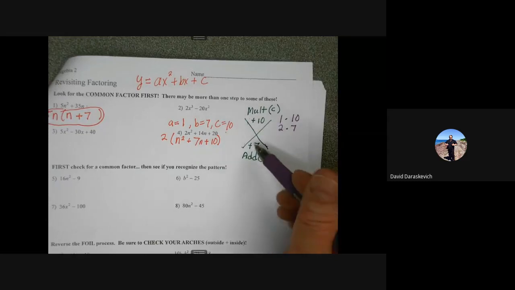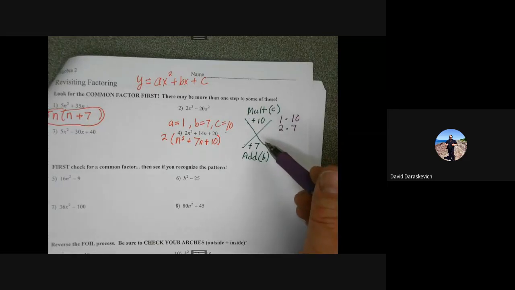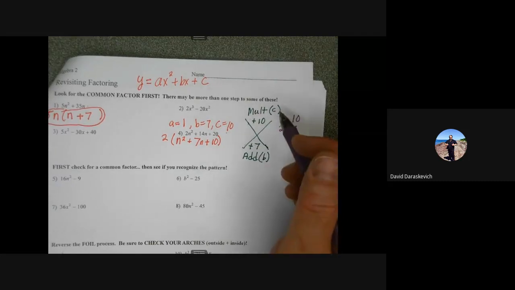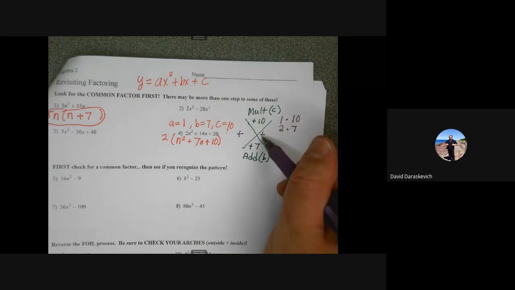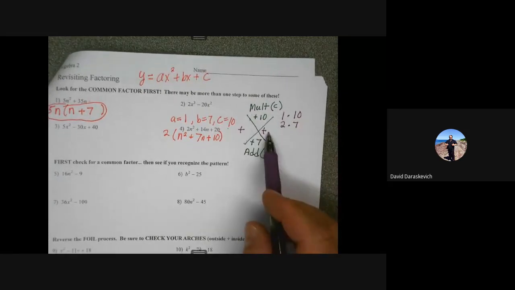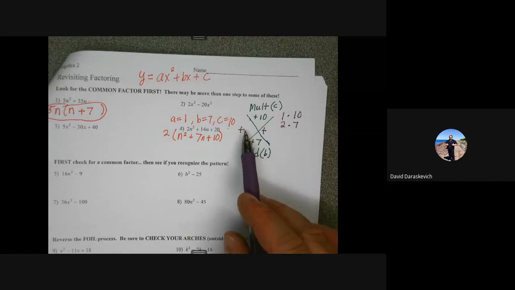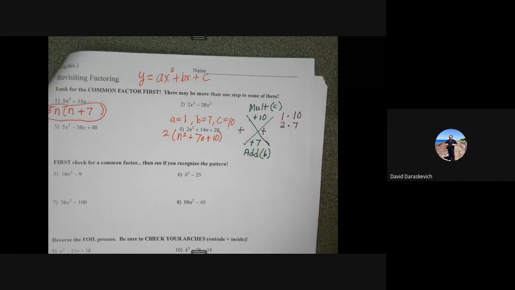That's either a negative times negative or positive times positive. But don't forget that we are going to add those two factors to get this number, and that's positive. So these numbers have to be positive because they multiply to get a positive and add up to get a positive.